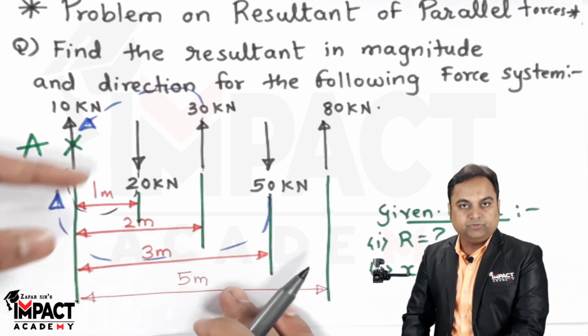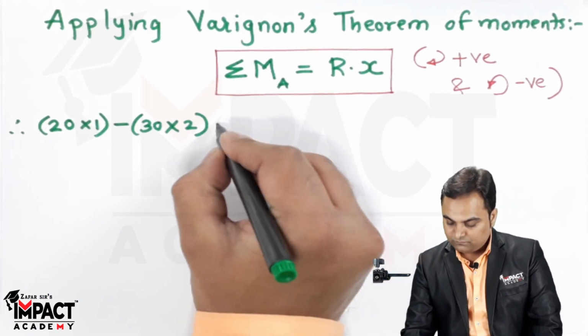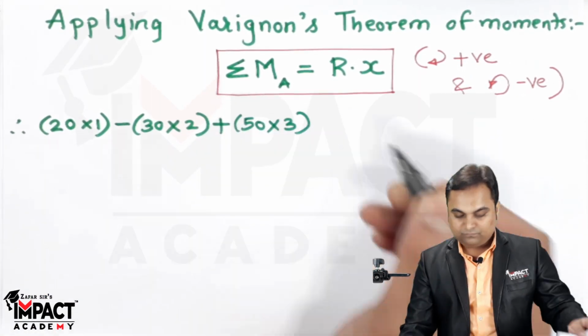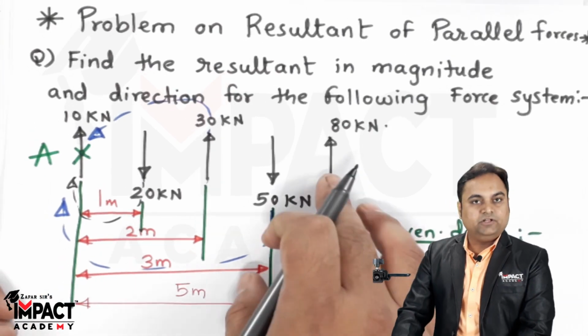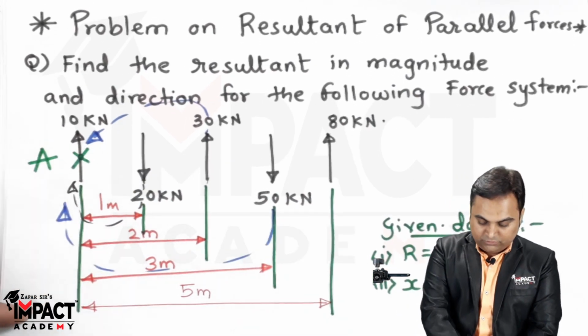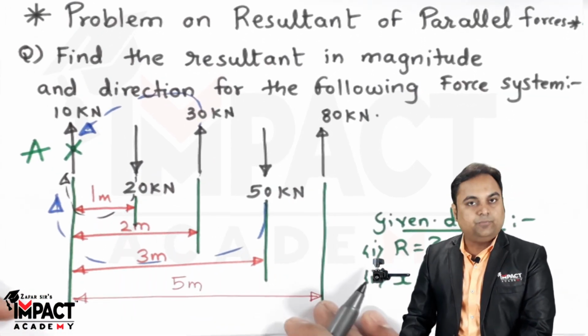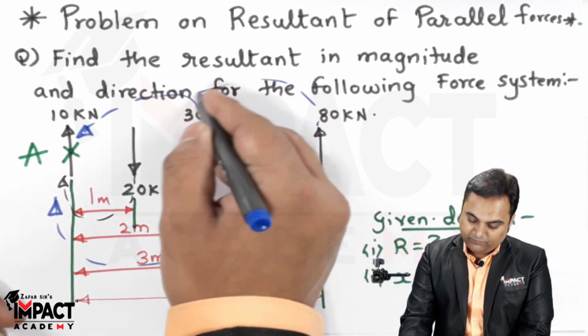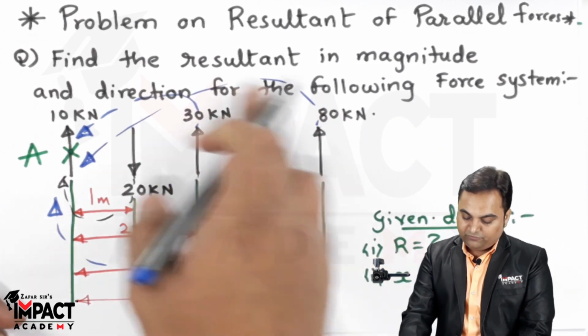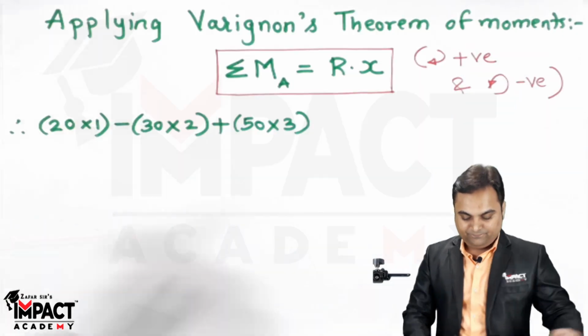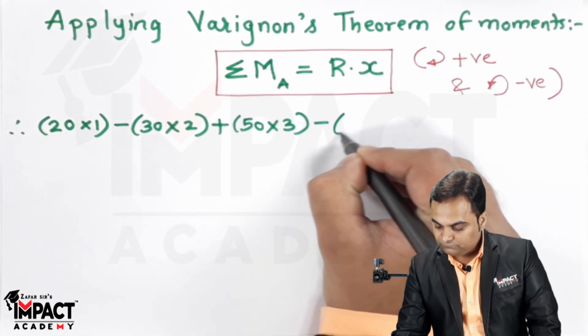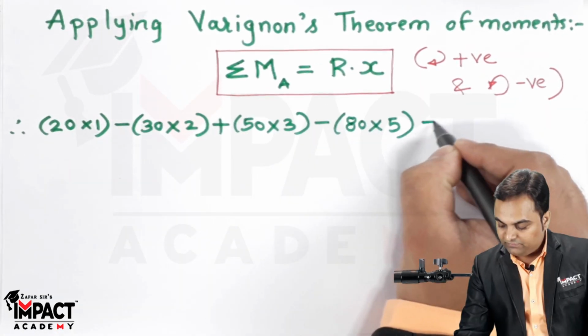So plus 50 into 3. Then we have the 80 kilonewton force acting upward at a distance of 5 meters from point A, producing again an anti-clockwise moment. So minus 80 into 5. So this is the left hand side.